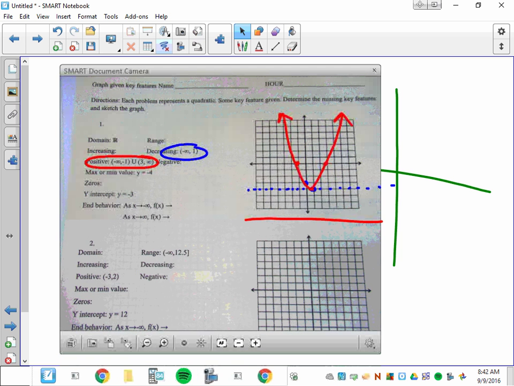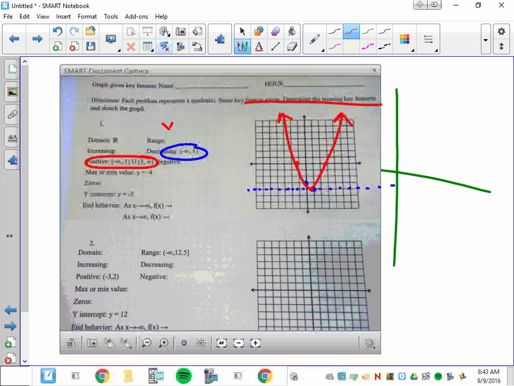So how do we describe, using interval notation, everything from here up? How do you describe everything from -4 up using interval notation? Y equals bracket -4 to infinity.